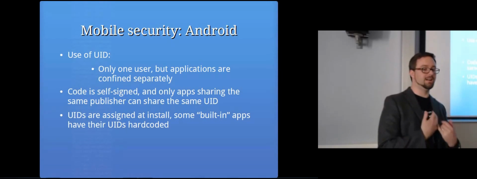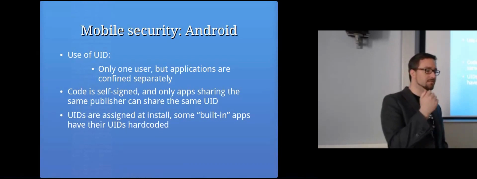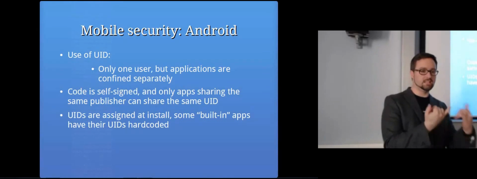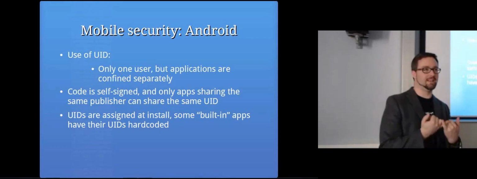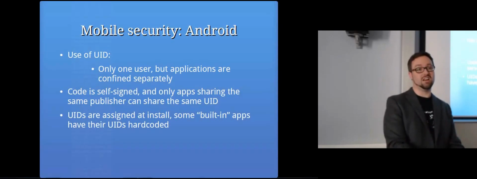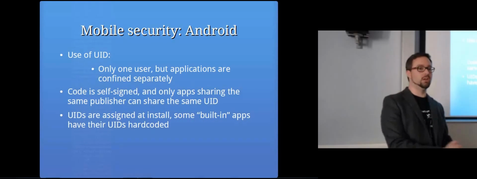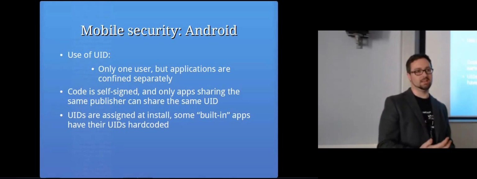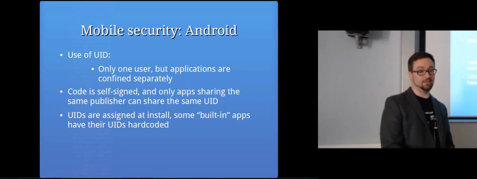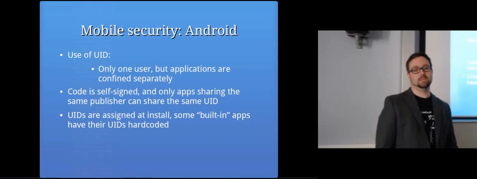So for example, if I as a developer create a file reader and a file writer, they can all access each other's files because they get the UID of the author kind of thing. It's based on the certificate used to sign it. So no one else can, unless they've got my private key, create another application that shares the same UID.